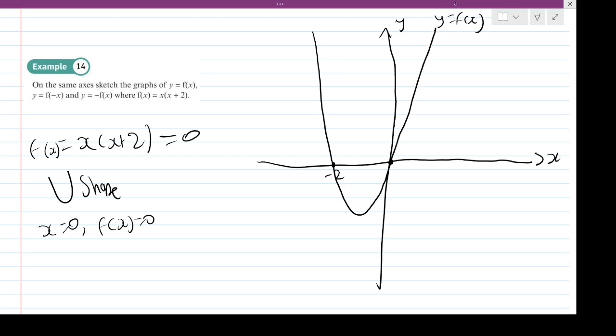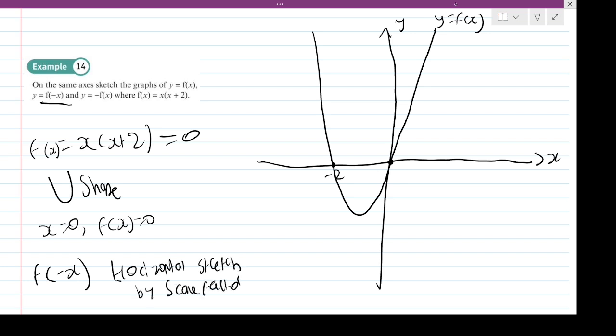Now it's asking us to sketch y as f of minus x. Again, you could do it 2 ways. You could jump right into saying what type of reflection it is, because it's going to be a reflection again, but let's try finding some testing points. The other way of writing this is what we call a horizontal stretch by scale factor, and it's horizontal because it affects the x values.